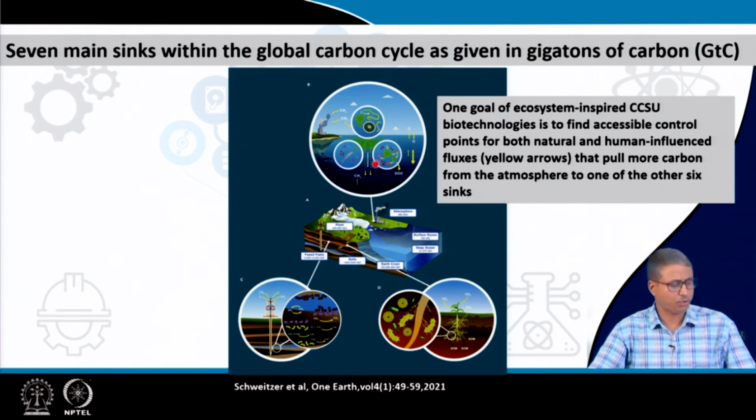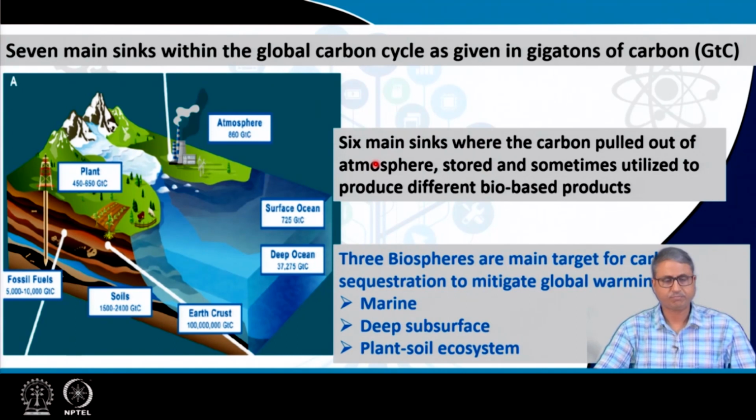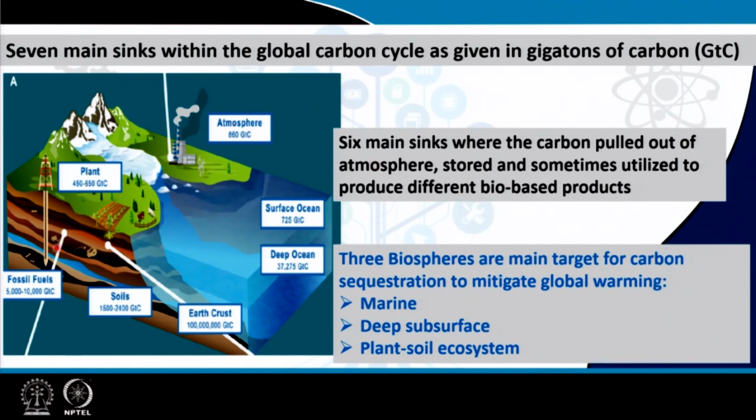Now, the points of control are very important. These are the 6 sinks that could potentially be utilized, except the 7th one, the atmosphere, because we want carbon to move from the atmosphere to the rest of the 6 sinks. These 6 main sinks are where the carbon is pulled out of the atmosphere, stored, and sometimes utilized to produce different bio based products.